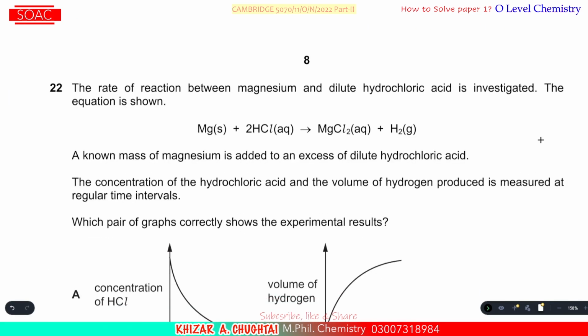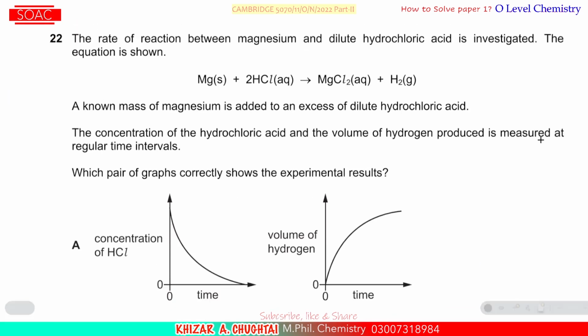Question number 22. The rate of reaction between magnesium and dilute hydrochloric acid is investigated. The equation is shown over here: Mg plus 2HCl goes to MgCl2 aqueous plus H2. A known mass of magnesium is added to excess of dilute hydrochloric acid. The concentration of hydrochloric acid and the volume of the hydrogen produced are measured at regular time intervals.